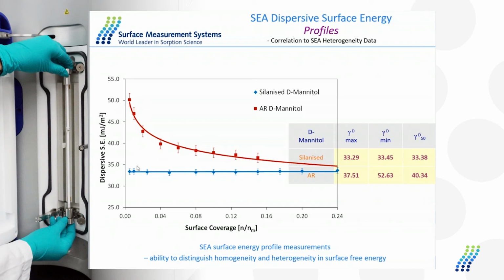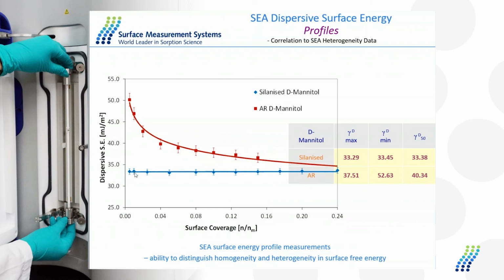And then we take this same sample, so same particle size, same surface area, same crystal structure, and we silanize it. So we coat it essentially with methyl groups, and we've gone from an energetically heterogeneous surface, which is due to the different crystal planes within the mannitol, and we've normalized that surface to make it energetically lower and energetically homogeneous.